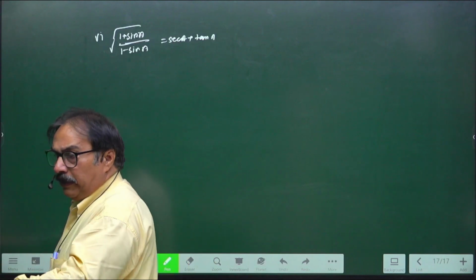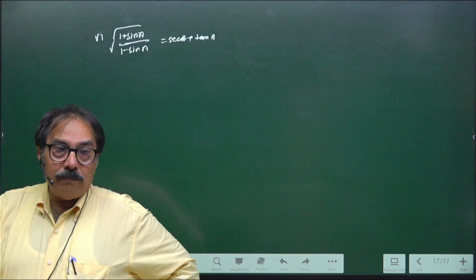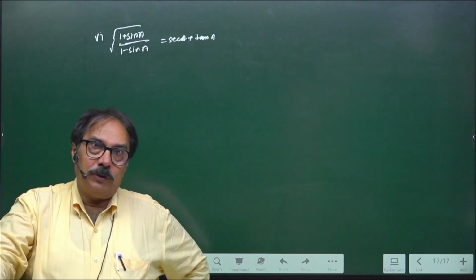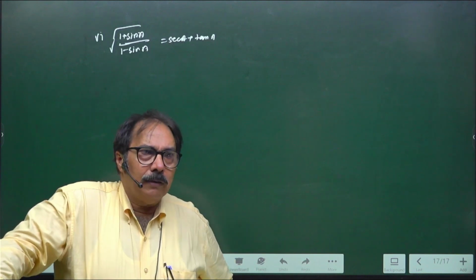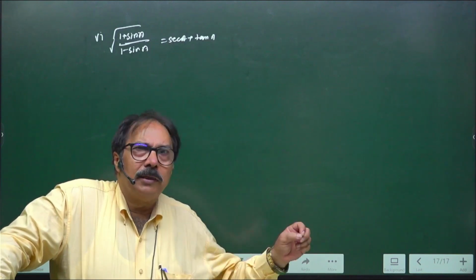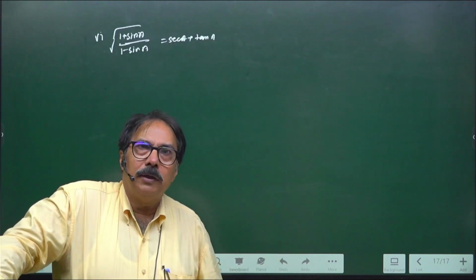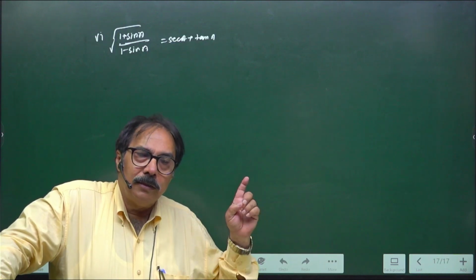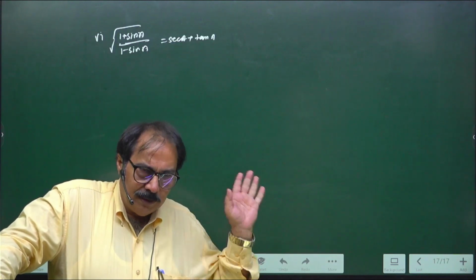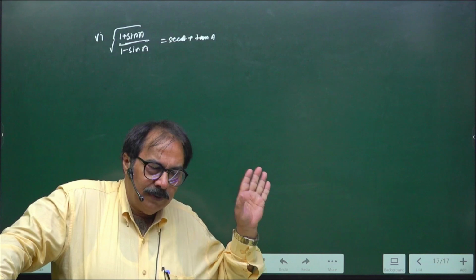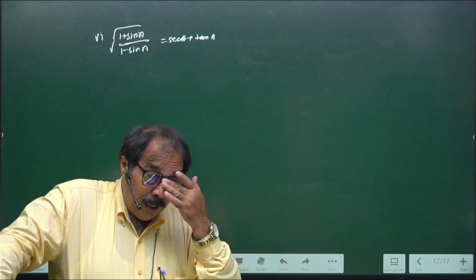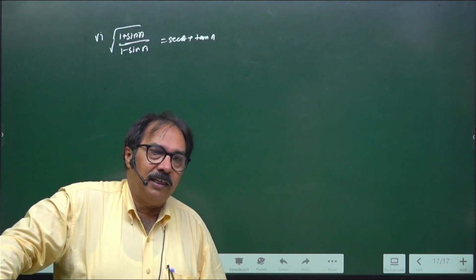Now again I am giving you a trick to solve this type of question. Whenever the question is in the form of a square root, always consider the left hand side, which is in the square root, and rationalize it.